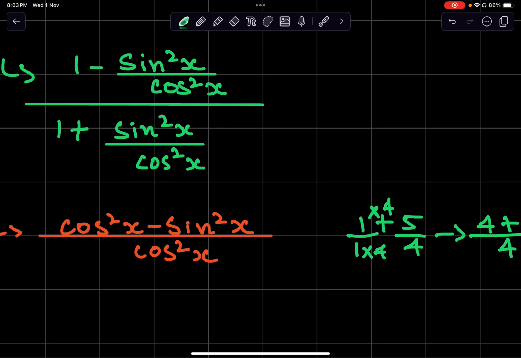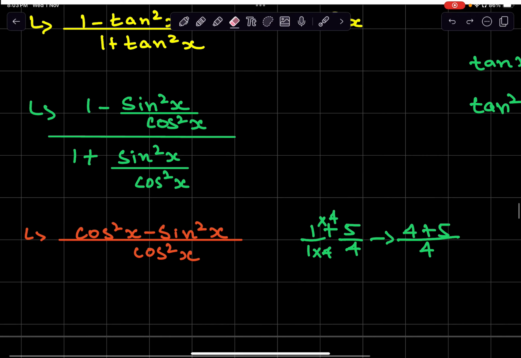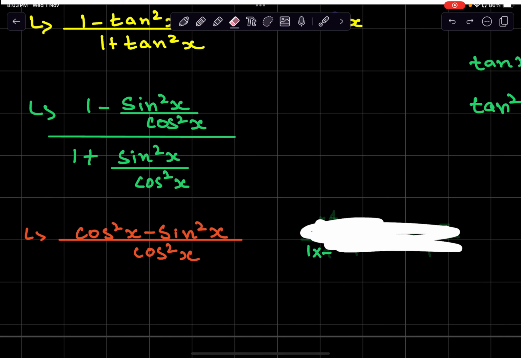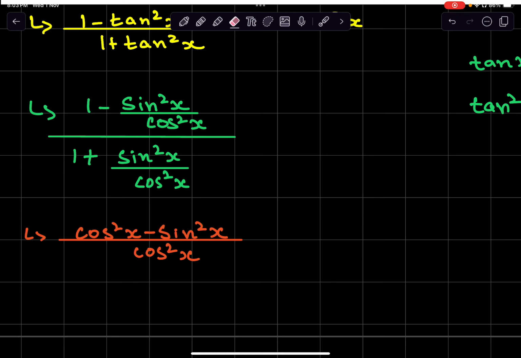The LCM of 1 and cos square x would be cos square x, and we multiplied the denominator and the numerator of this 1 by cos square x. And what we got over here is cos square x minus sine square x upon cos square x. Are we clear on this? Yes, we are clear. So this is the upper portion. Let me write it, upper part.